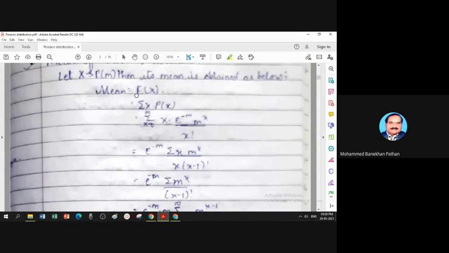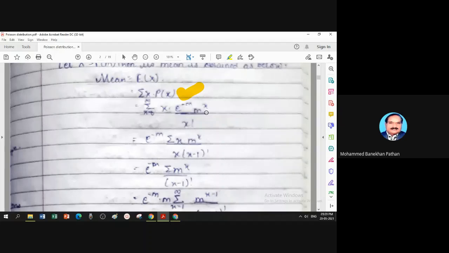Mean equals expected value of x, E replaced by summation x into p(x). This is your definition of mean from semester 1, which is continued here. Now, in this case, the variable begins from 0 to infinity. X as it is, and the function of Poisson, e raised to minus m, m raised to x, by x factorial.